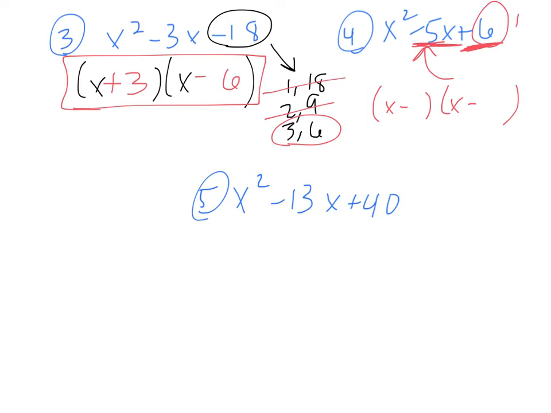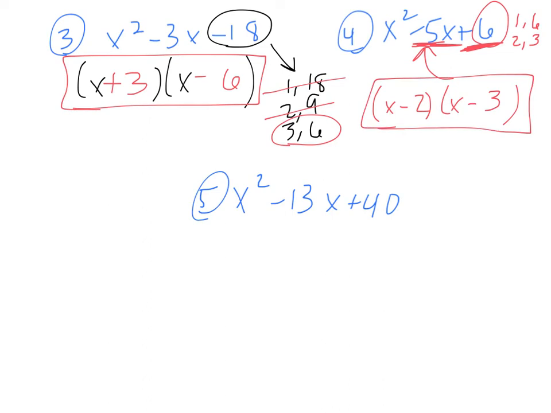Well, my only factors are 1 and 6, 2 and 3. Now, think about it. I can get 5 from both sets of factors here, but there's only one answer. If these both have to be negative, that only means that I can use 2 and 3. Because if I had a minus 1 and a minus 6, that would equal negative 7. And I need a negative 5. So there's my answer.